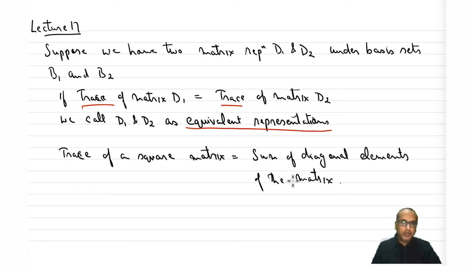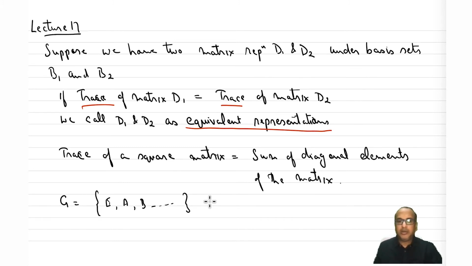All right. So now let us say that we take a similarity transformation. So let's consider a group first, G, where group elements are E, A, B, and so on.